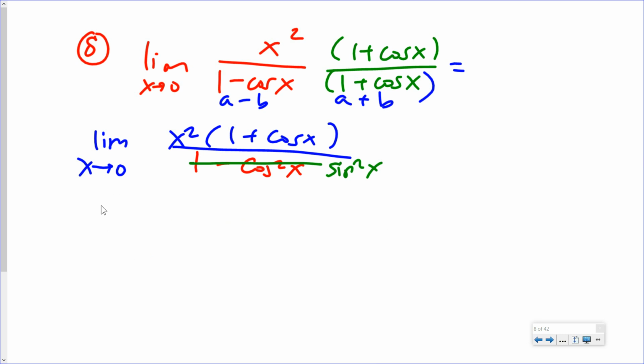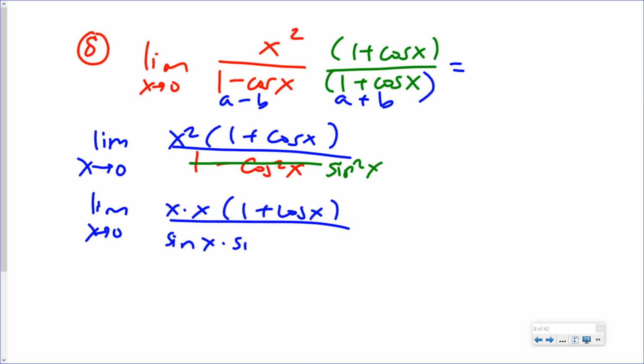All right, so guys, this actually simplifies to x times x over (1 plus cosine x) times sine x times sine x. Do you see anything beautiful here? Sine x over x, or x over sine x, right? This right here, well, the limit of this is equal to what? 1. The limit of this is equal to 1.